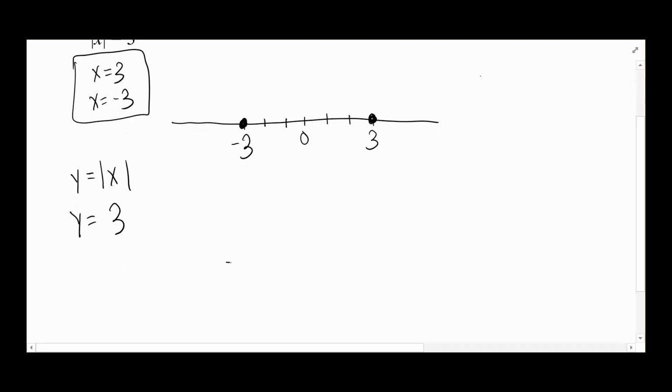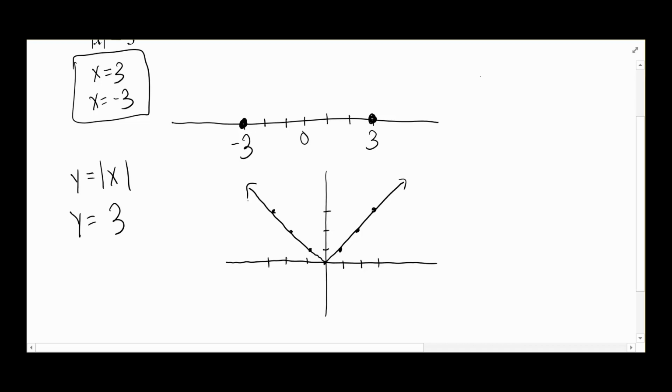So we could actually graph each of those and see where they meet. And so y equals the absolute value of x. Well, that looks like a V, and it's going to go something like this. So that's y equals the absolute value of x.